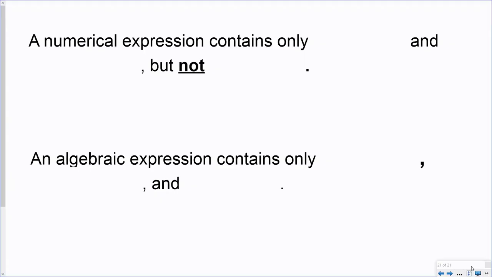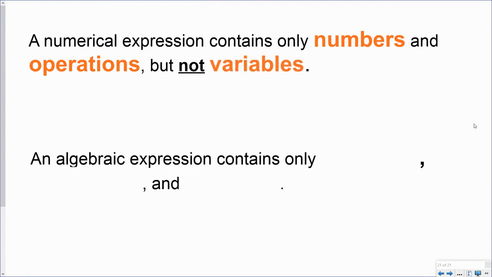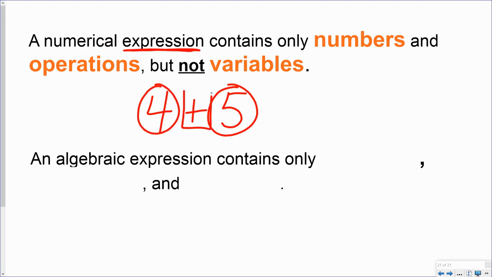Let's take a look and compare numerical expressions and algebraic expressions. So first of all, a numerical expression contains only numbers and operations, but not variables. So, for example, 4 plus 5 is a numerical expression. And remember, expressions do not have equal signs. So, I have numbers and operations.